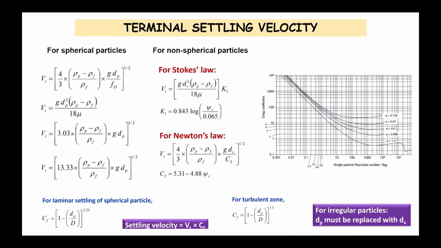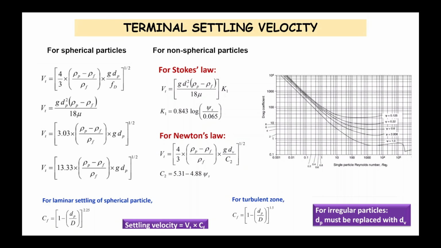The first equation is the real terminal velocity equation: 4 by 3 times rho p, that is your density of particle, minus rho f, that is your density of fluid, times g dp by fd, whole power half. This is the actual terminal velocity equation of a particle in a fluid.